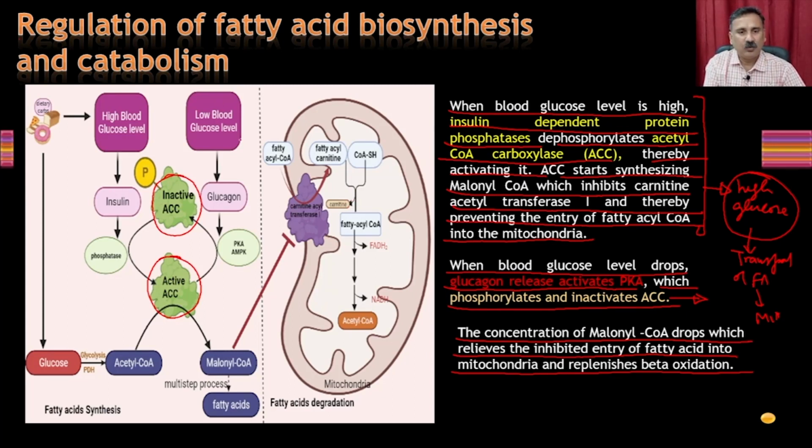Whereas when you have low blood glucose, that is going to induce glucagon mediated phosphorylation, and that is going to reverse the activity. This means it is going to inactivate the ACC, and as a result it is going to induce the transportation of fatty acids into the mitochondria for fatty acid oxidation.